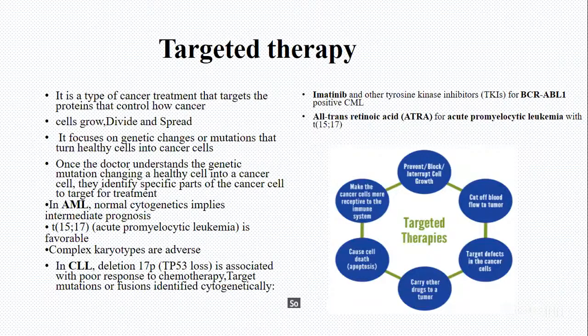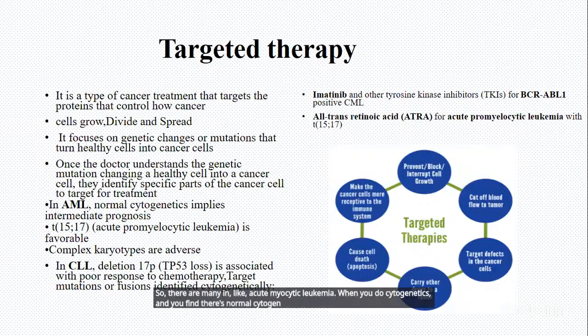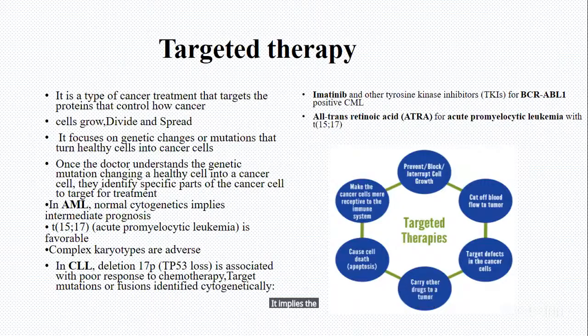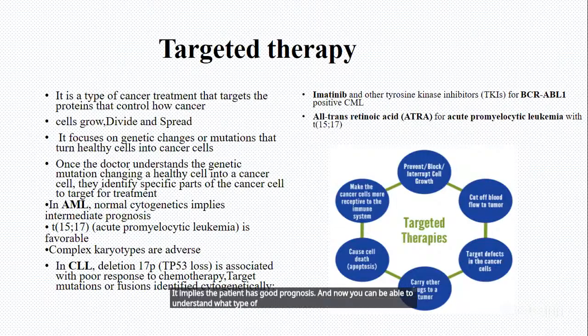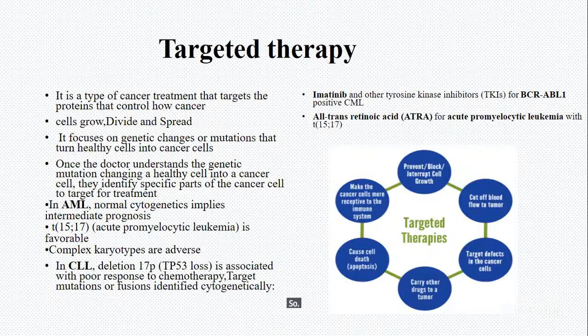So there are many, like in acute myelocytic leukemia. When you do cytogenetics and you find there's normal cytogenetics, meaning there are no alterations of the genes, it implies the patient has good prognosis. And now you can understand what type of medication you are giving. In acute promyelocytic leukemia, when you find that there's a translocation on chromosomes 15 and 17, then you know it could be a bit favorable because there are interventions.